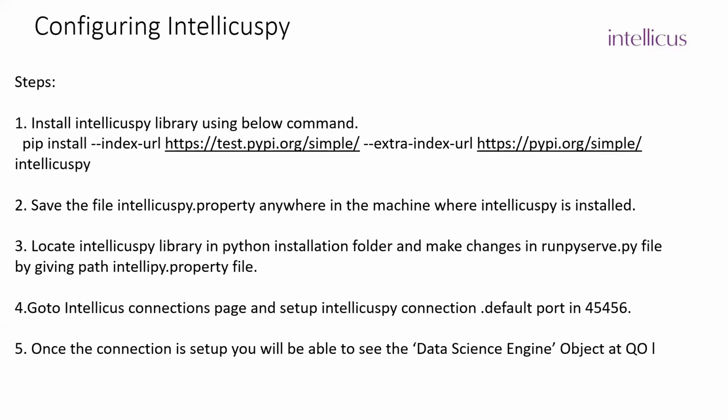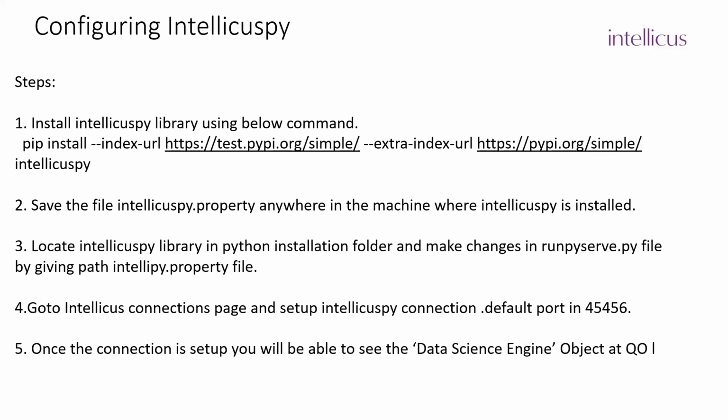Okay. Then we'll move to the steps of how we can configure Intellicus Py in Intellicus, or make a data science connection using Python in Intellicus. The first step would be to install this library. We have this simple pip install command that we can run in the command prompt. This will install the library in your Python installation path.